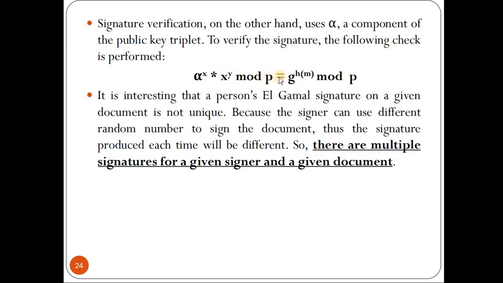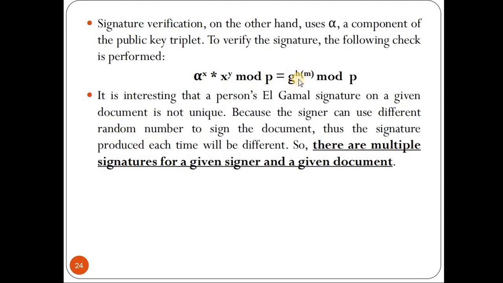Which should be equal to g to the power h of m, mod p. That is, on the receiver side, since he receives the document, he needs to compute h of m, that is nothing but the hash of the document.